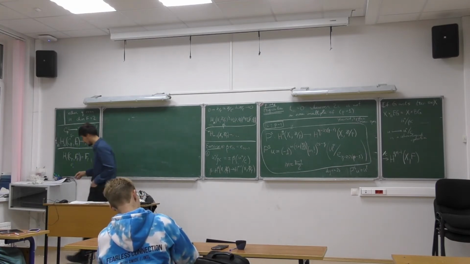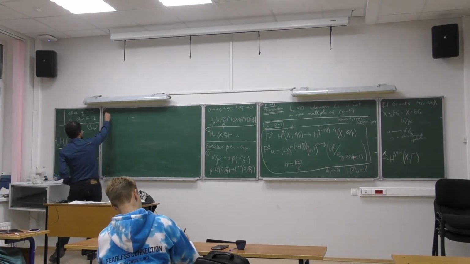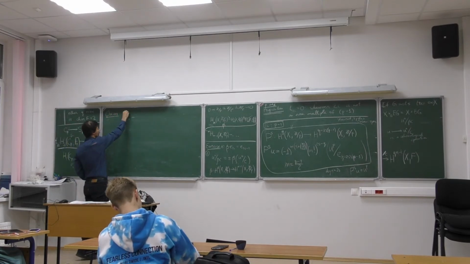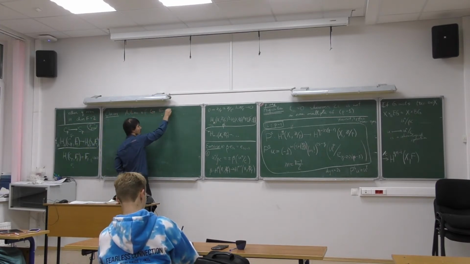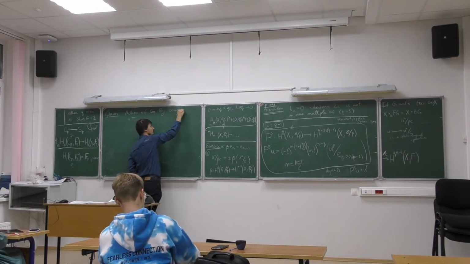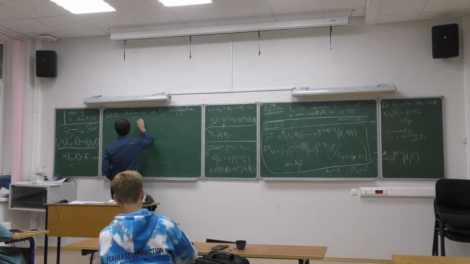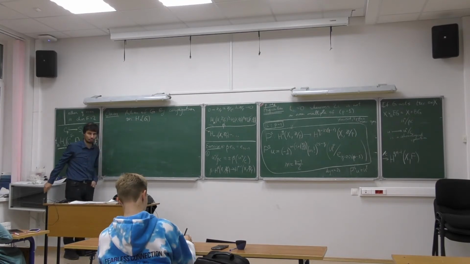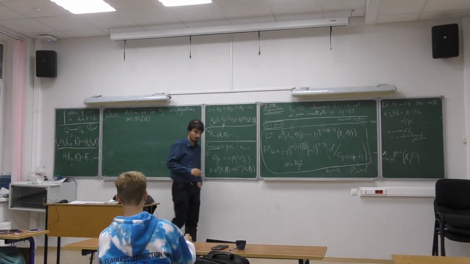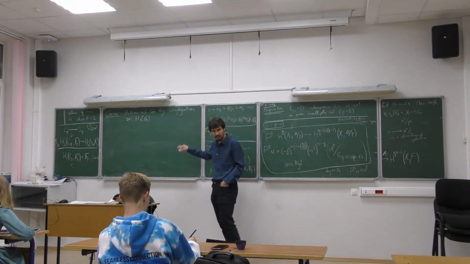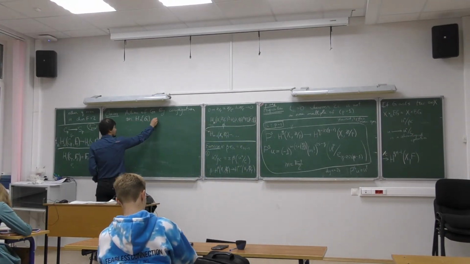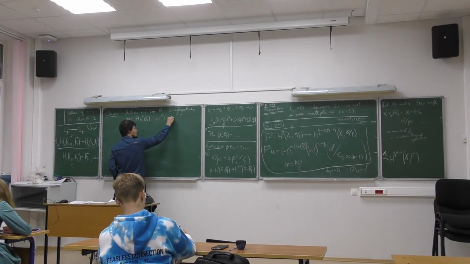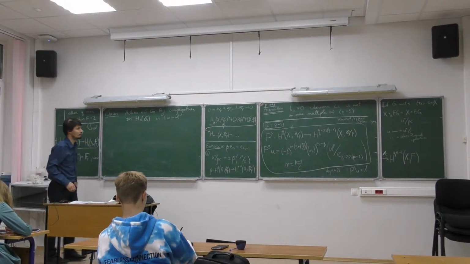So, the most important claim, which is true for any group, is that the action of G by conjugation on the homology of G is trivial. I mean that G acts by conjugation on itself, and we induce the action on the homology of G, or on cohomology, but let us speak about homology now. First of all, how can this action be written, for instance, in the bar resolution?